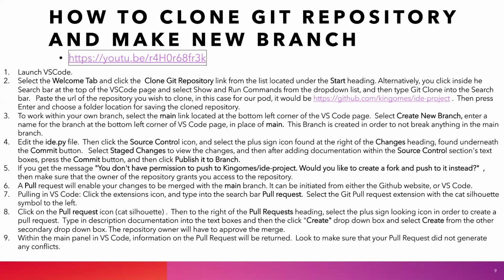That is going to send a message to the owner of the repository to get permission. What you should check when you create the pull request is that you don't have conflicts with the merging. And that's it.